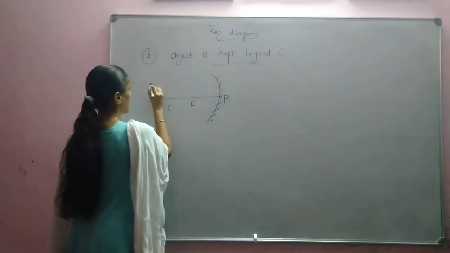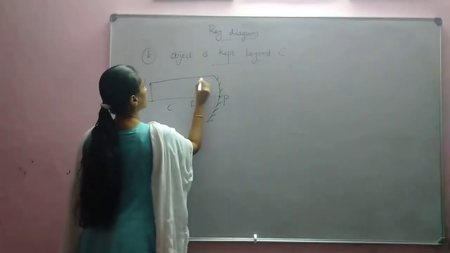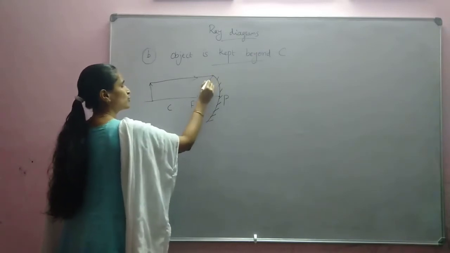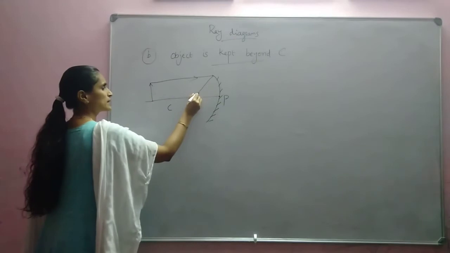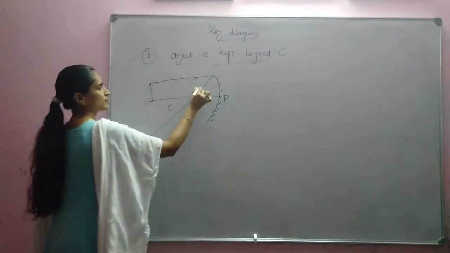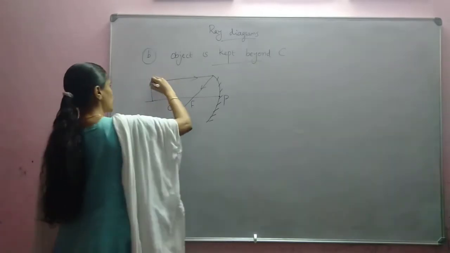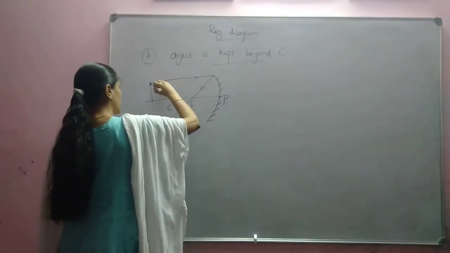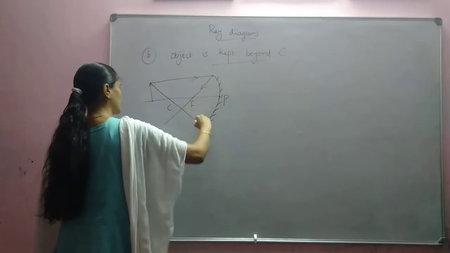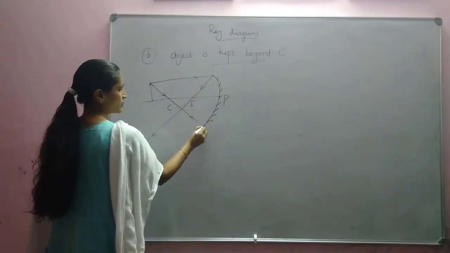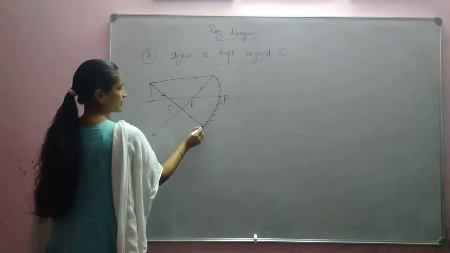First one, a ray parallel to the principal axis, after reflection passes through the focus, and a ray entering through the center of curvature, after reflection will retrace the path.